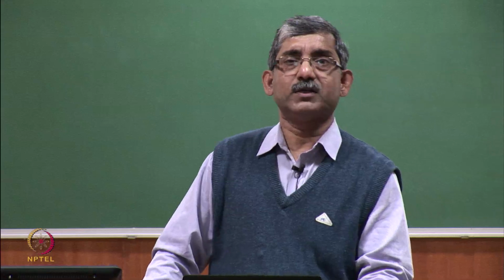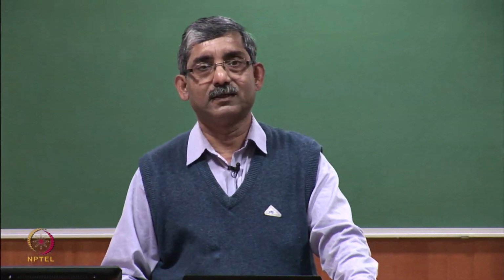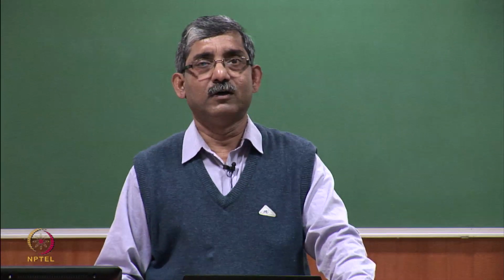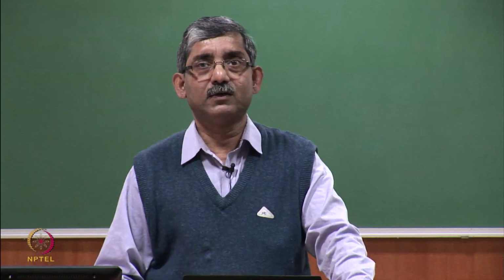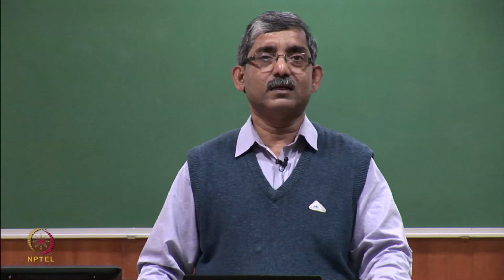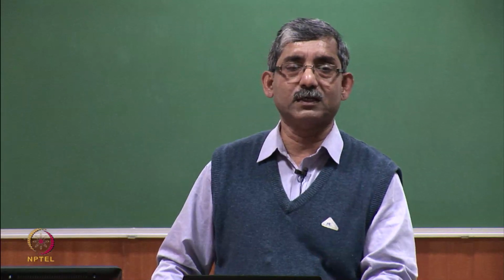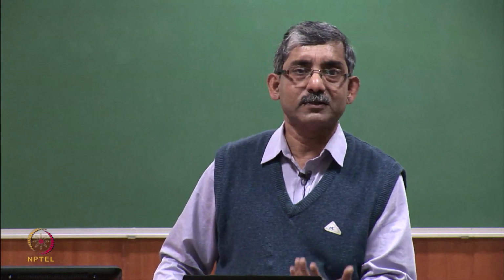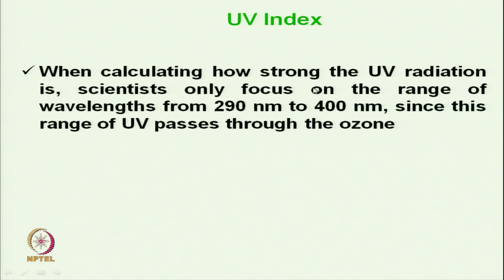Now, coming to the calculation of the UV index, this is a standard method followed internationally. So, if we hear that the UV index for a particular city is 5, what does it mean? When calculating how strong the UV radiation is in a particular place, scientists only focus on the wavelength range between 290 nanometer and 400 nanometer, since this range of UV passes through the ozone layer.